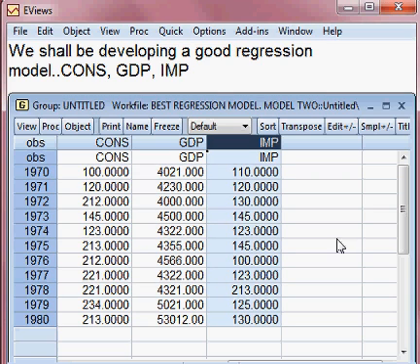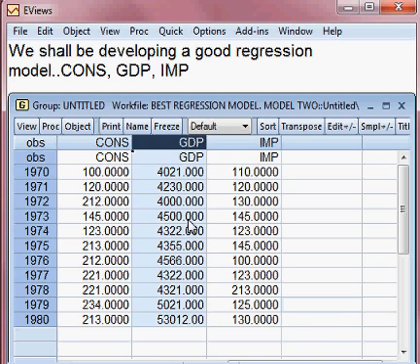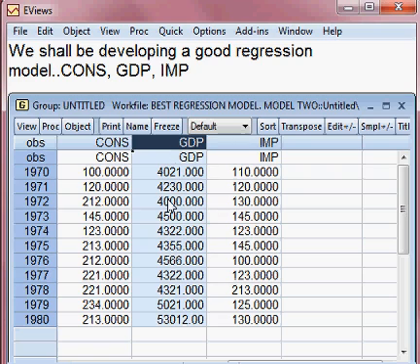We have these 3 variables from 1970 until 1980, and here GDP is our dependent variable, and consumption and import are independent variables, meaning that we want to check whether consumption and import can influence GDP or not. That we want to check today.